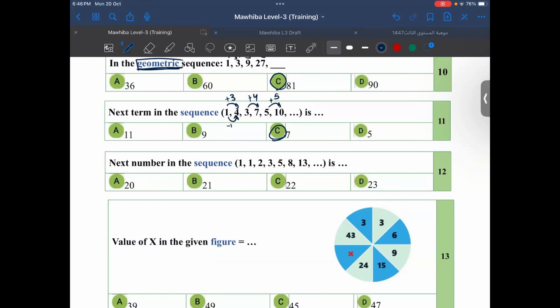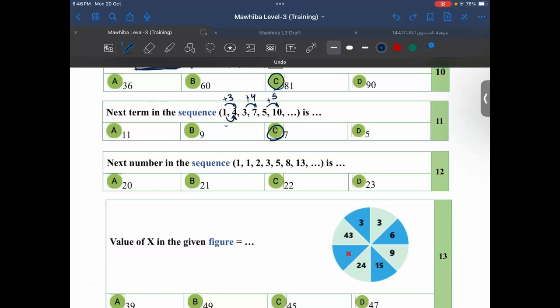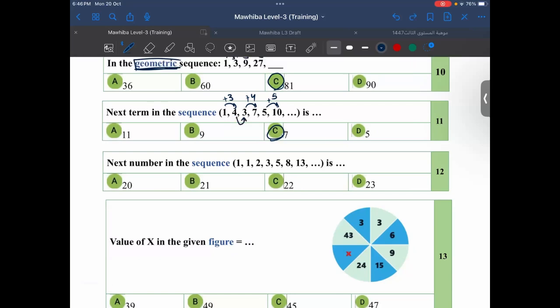Here, minus 1. Here, minus 2. And here it's going to be minus 3. So you can see, if they want to make your question complicated a bit, instead of putting one pattern, you're going to have 2 patterns, but it's going to be simple.